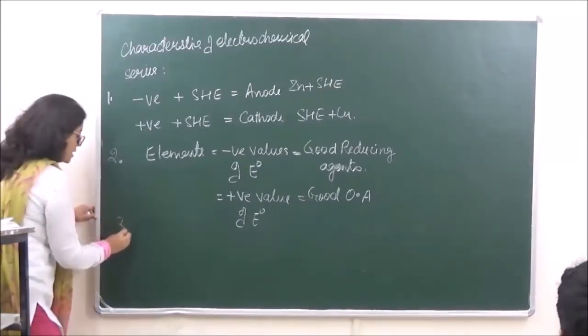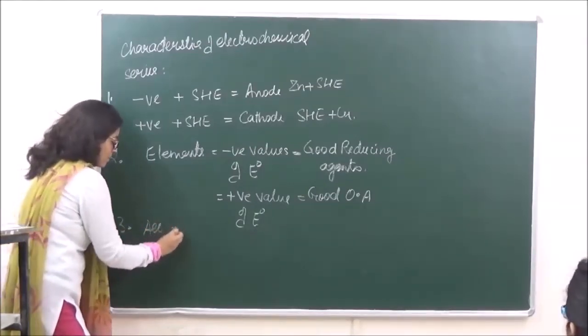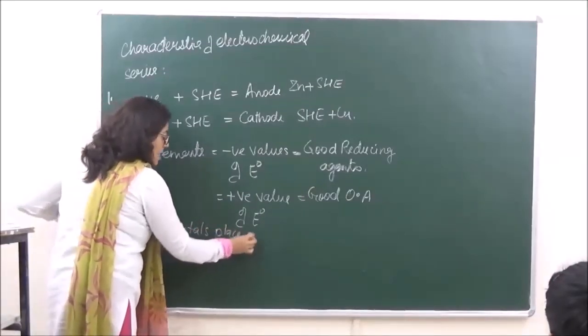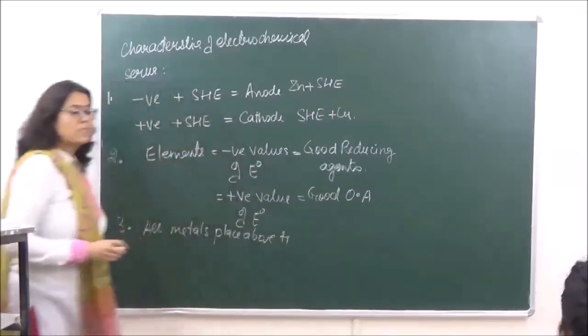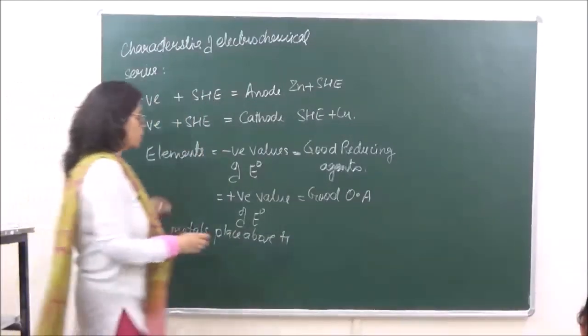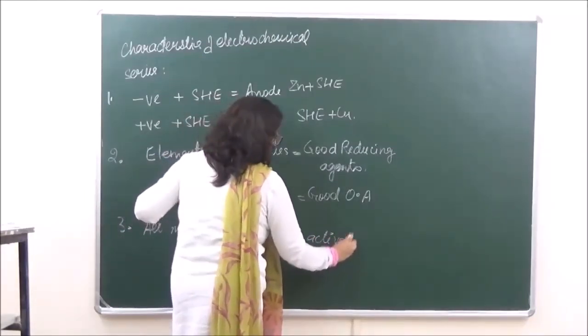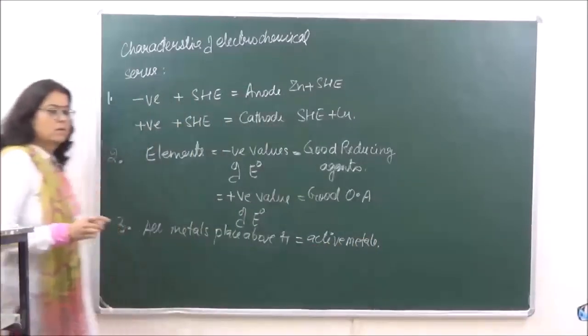Then number 3, all metals placed above hydrogen, that is, all those having negative values of reduction potential, they all are active metals.